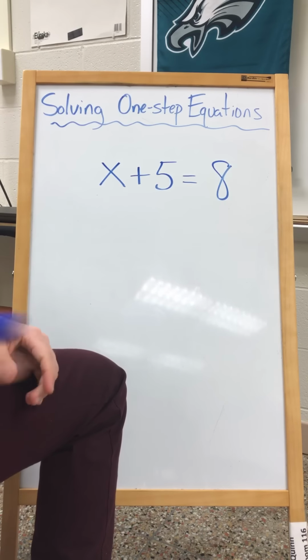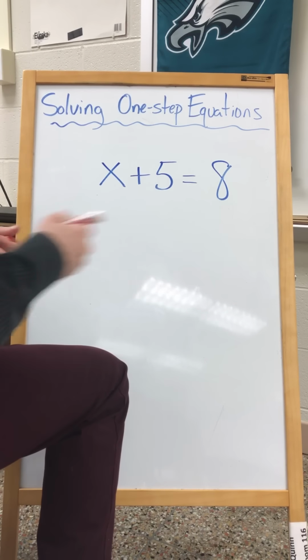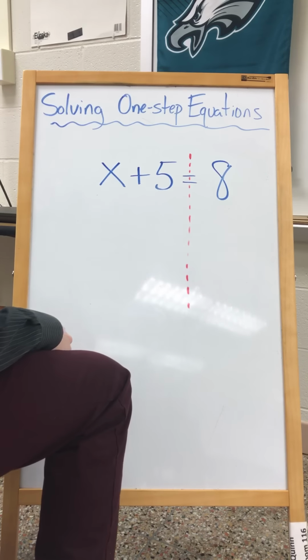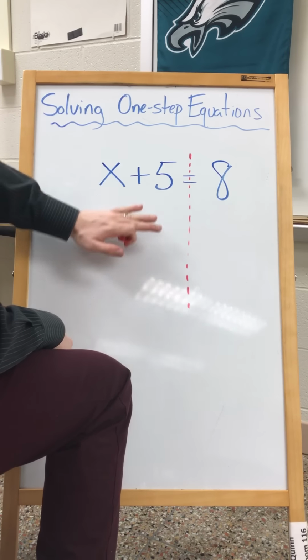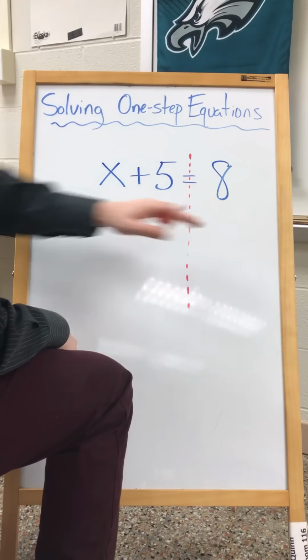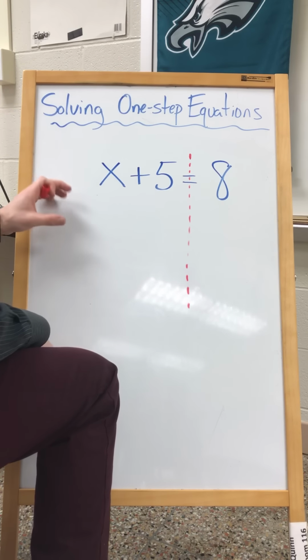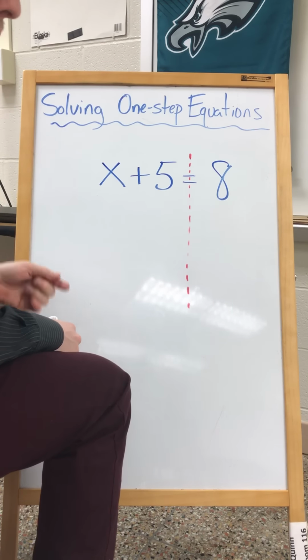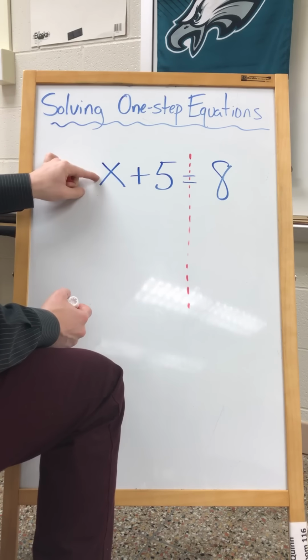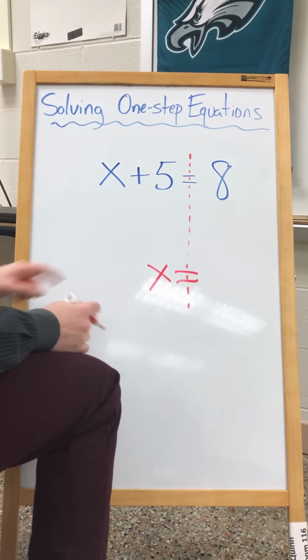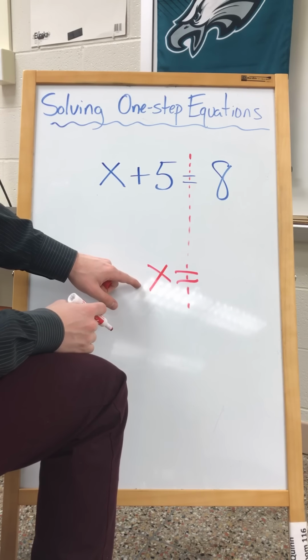So now I'm ready to follow our steps. And I'm going to use a different color just so you can see this really clearly. The first thing that we always do, no matter what, is draw our line separating one side of our equation from the other side of our equation. Now I need to isolate the variable, or in simple terms, get the x by itself. I'm trying to know exactly what x is equal to.